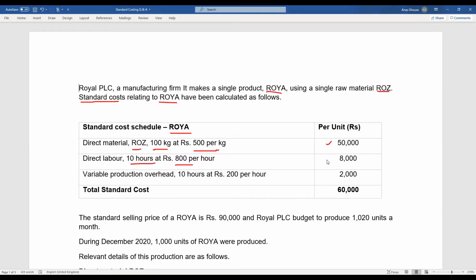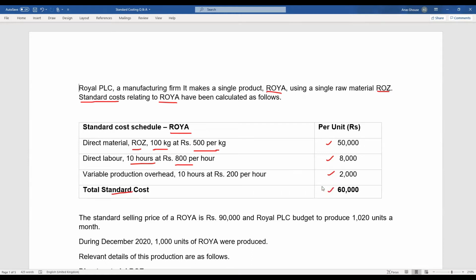So this product requires 10 hours at the rate of 800, therefore the per unit labor cost will be 8,000. Variable production overhead: 10 hours at the rate of 200 per hour, which is 2,000. So therefore the total standard cost will be 60,000 per unit.